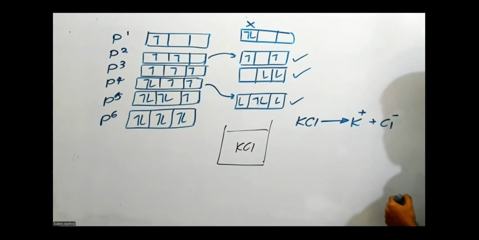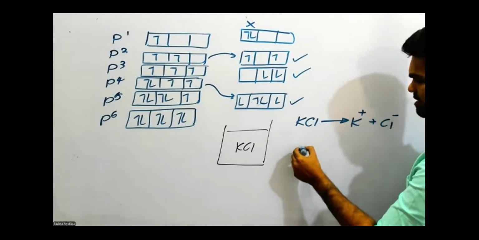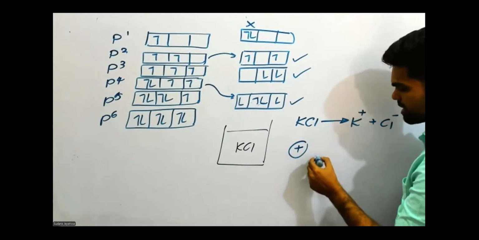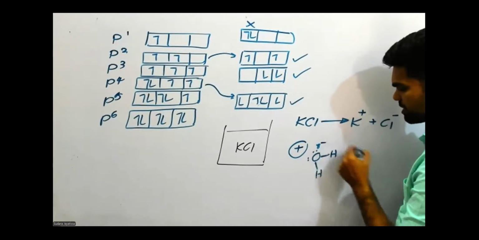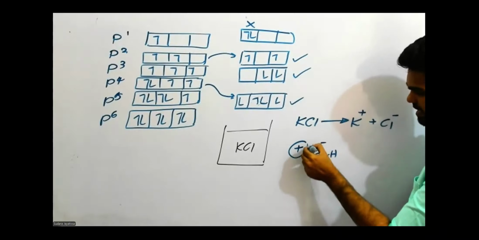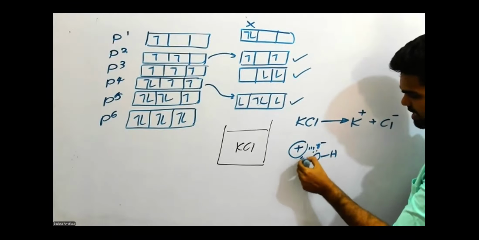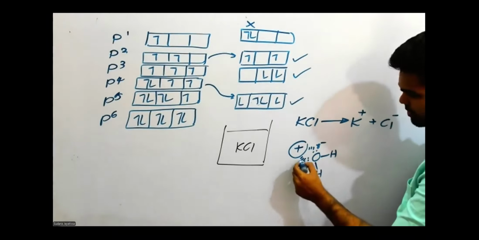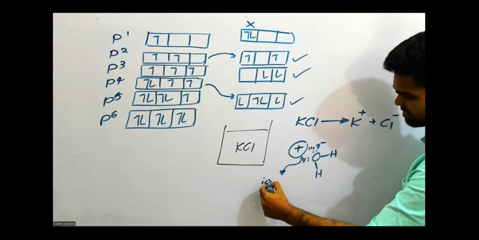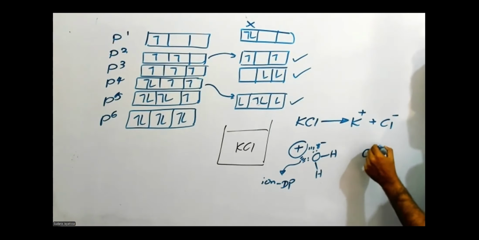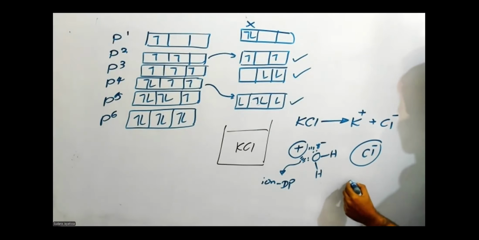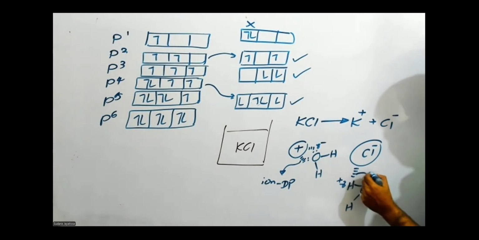These potassium ions are surrounded by water molecules. The negative part of the water molecule is the oxygen, so it will make attractions, or secondary interactions, with this one. We call these attractions ion dipole interactions. Similarly, Cl minus also can form attractions with the positive part of the water molecule, which is hydrogen. So this is also an ion dipole interaction.